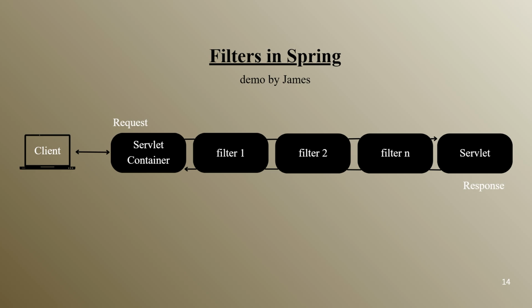Then it goes through all of these filters, and finally it hits your servlet, which I will get to. What I'm saying is that these requests that come in can actually be stopped somewhere, like here or there, before they reach your controller, which is right after the servlet. So this is the foundation of what Spring Security is. You catch that request right before it even hits your controller.